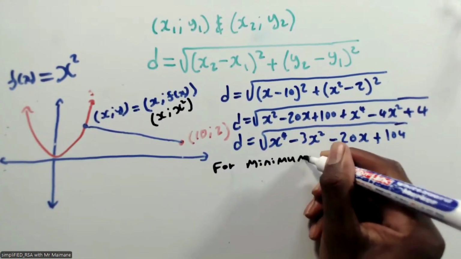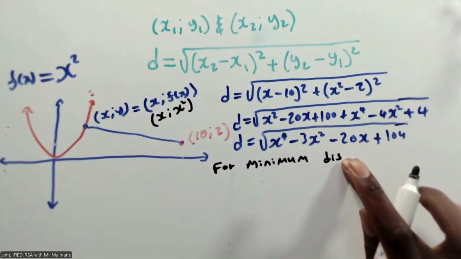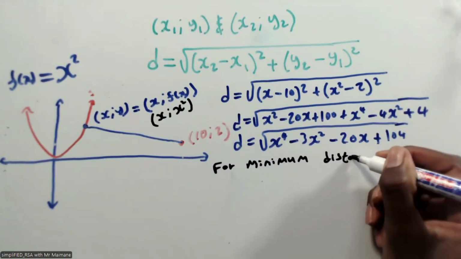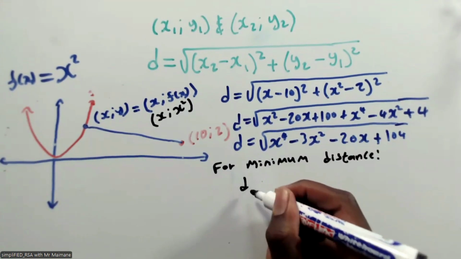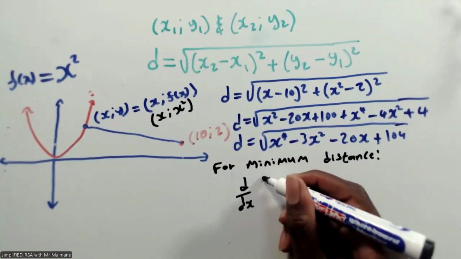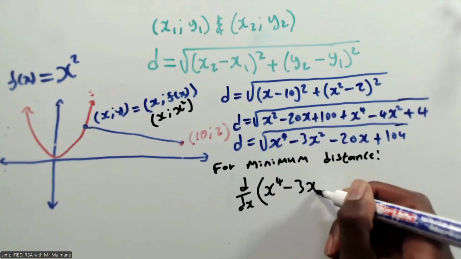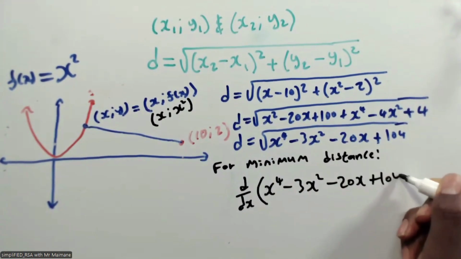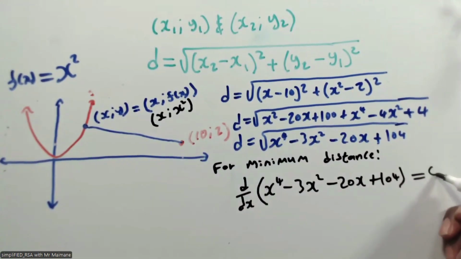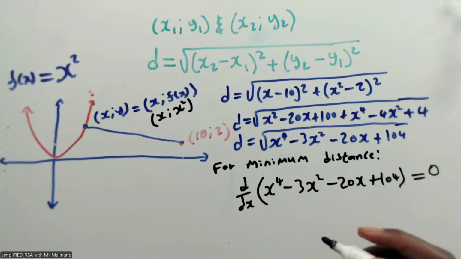So for minimum distance, I will have d/dx of x^4 - 3x^2 - 20x + 104. I must solve for x on this. Differentiate first and then solve for x in order to get the minimum value.